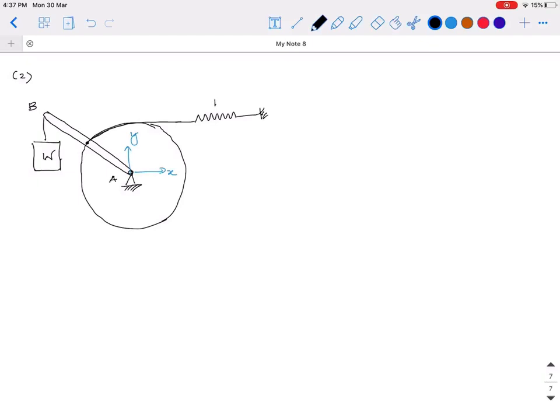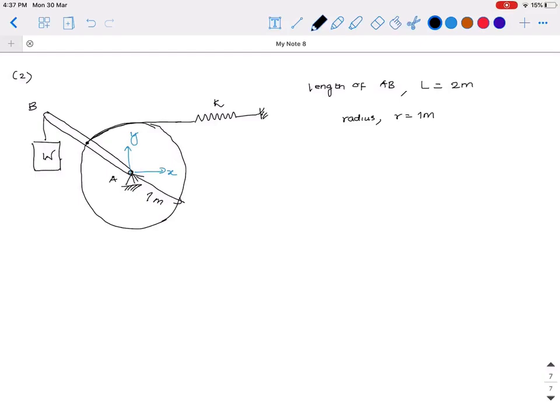The length of rod AB, L, is 2 meter, and the radius of the pulley, R, is 1 meter.